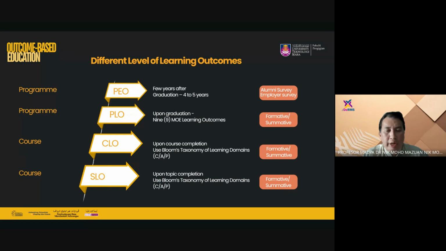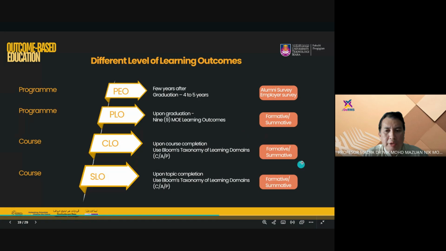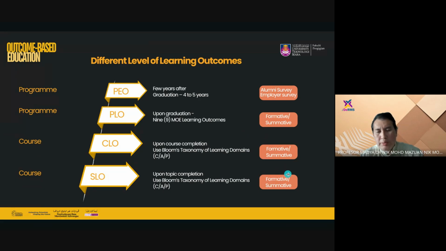In the future, very soon, when we do CQI, we have to map to PLO because we want to know whether the whole program learning outcome has been achieved. Those are the things that we need to improve from time to time. All these assessments are actually formative and summative assessment, so we will learn about that later on.